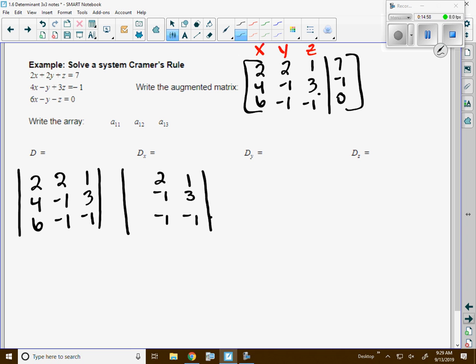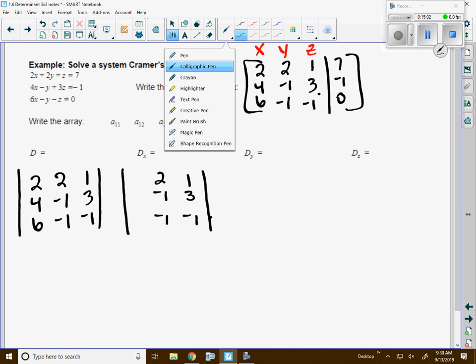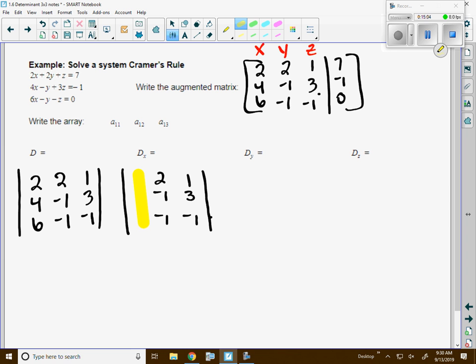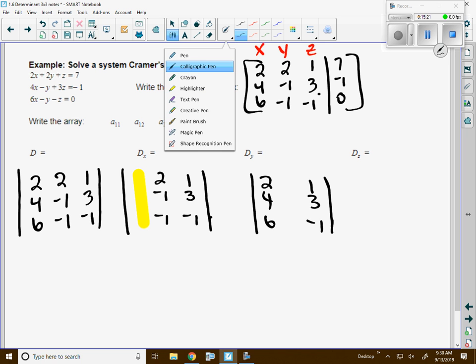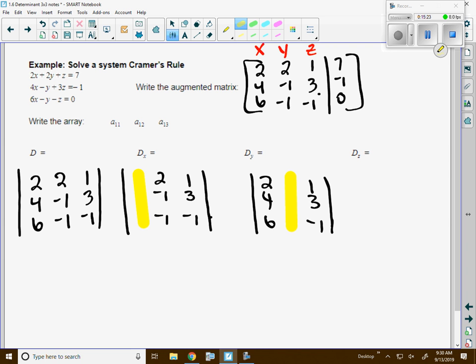Yeah, just leave the space open for X. Same thing for Y. Which column do you think we're going to leave open? Column Y. And then for Z, for DZ, you're going to leave column Z open.